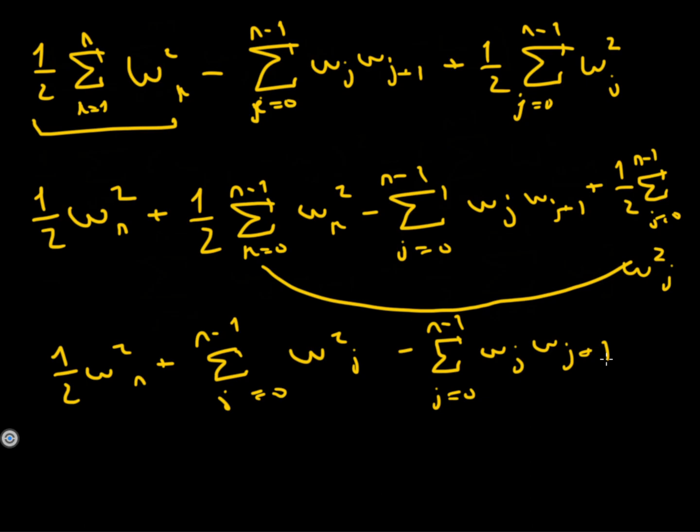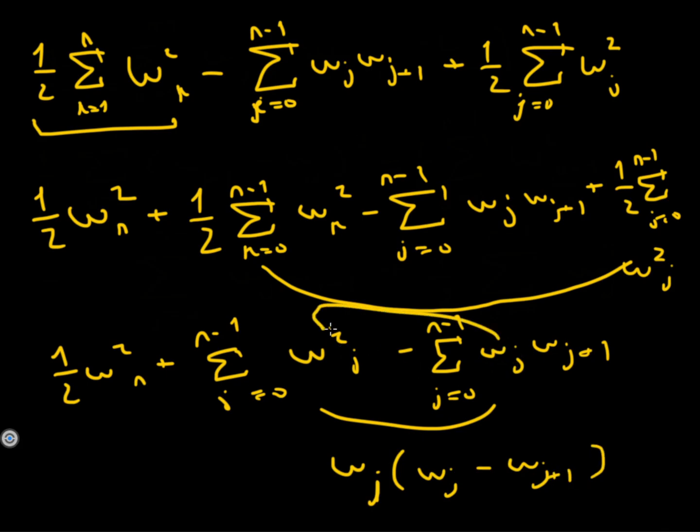now we have this. Now we want to combine these two. Okay, and what we're going to do is factor this out. We're going to factor wj out and then have wj minus wj plus 1. As you can see, this is squared, this is this. We take these two out, keep this one minus this one, and we factor this out as this.